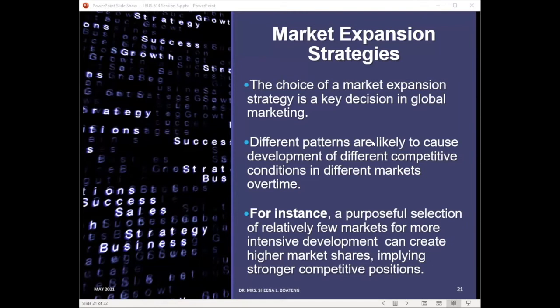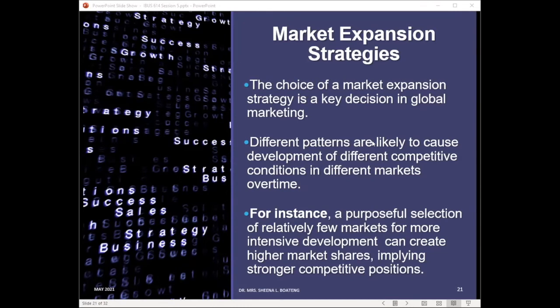Based on this concept, it is very important to understand that different patterns are likely to cause the development of different competitive conditions in different markets over time. Meaning that how you enter the market will determine whether or not you are able to remain competitive in that market into the long term, right?